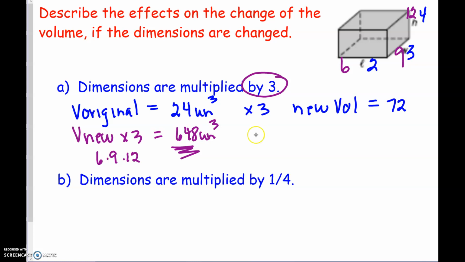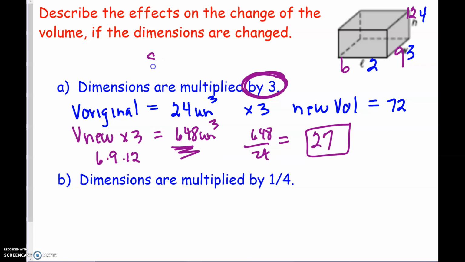So what do we do? We'll take that 648 and divide by 24. And I think you're going to get the number 27. So how do we get 27 when we start with a 3? Now remember what our label is here. It is units cubed. So if we take this scale factor and cube it, that is the dimensional change.